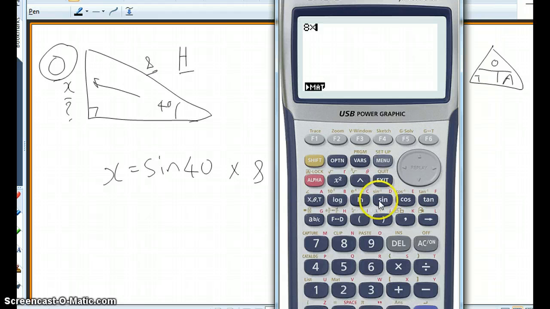There's a sine button there. Sine 40. Execute. Now, before I press execute, have a guess at what you think the number's going to be.